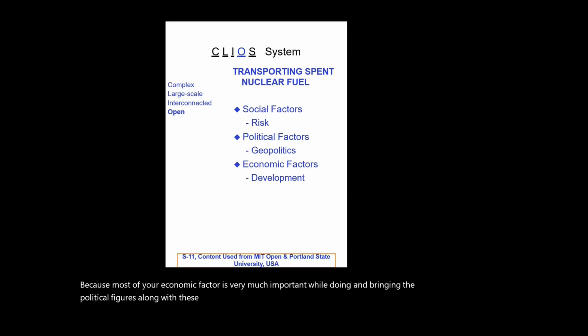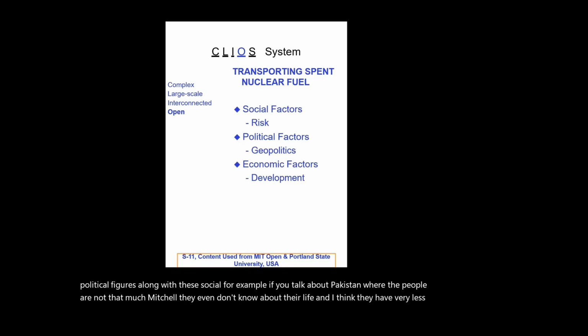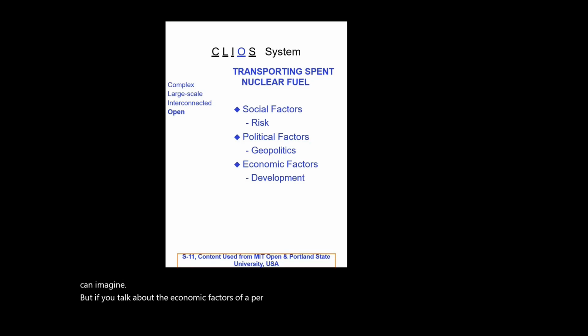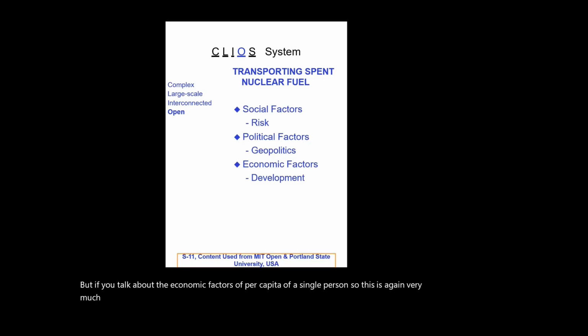For example, if you talk about Pakistan, where the people are not that mature, they don't even know about their rights, and I think they have very few rights according to the constitution, which are practiced in the daily world in a very limited, very confined way. So you can imagine. But if we talk about the economic factors of the per capita income of a single person, this is again very much involved with the city and the country decision as well.